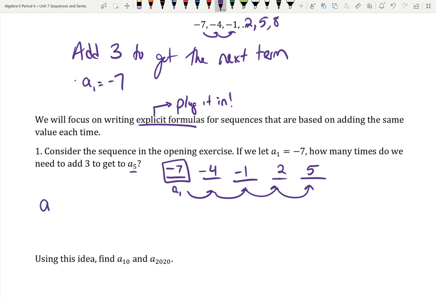So watch what I'm going to write. A sub 5 equals, I started at -7. I added 3. Each jump here is adding 3. How many times did I do that? Notice it only took me 4 jumps. 1, 2, 3, 4. -7 plus 12 is 5, as we expected it to be.